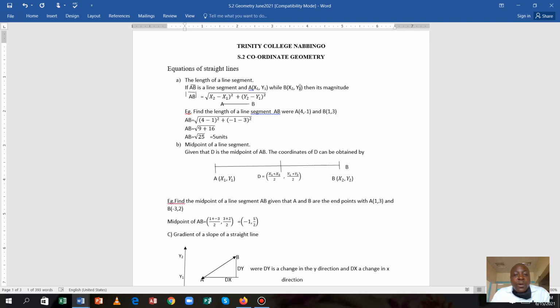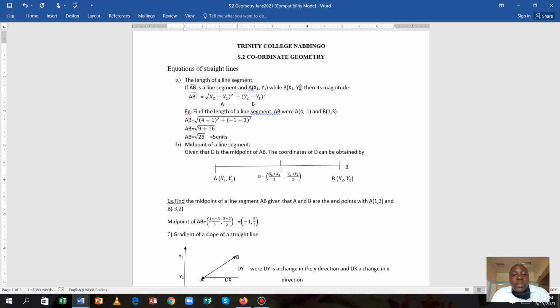It can also be got by measuring, but now we are interested in a situation where we have coordinates of the 2 points.